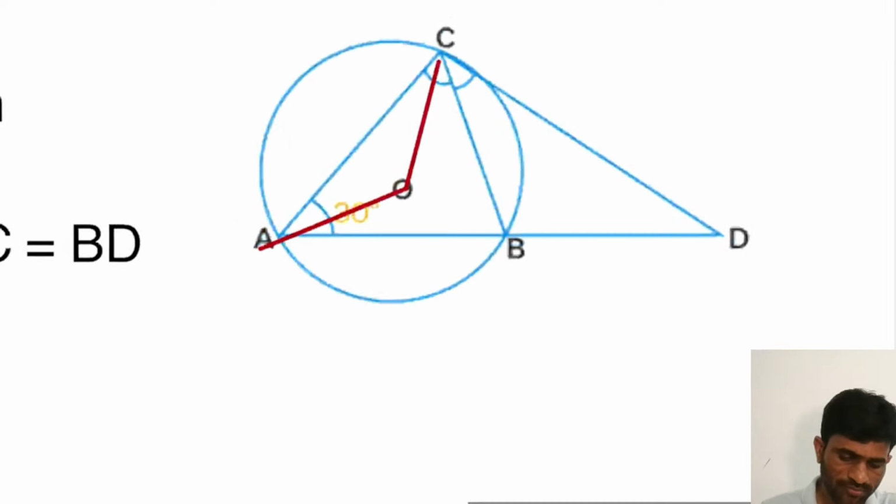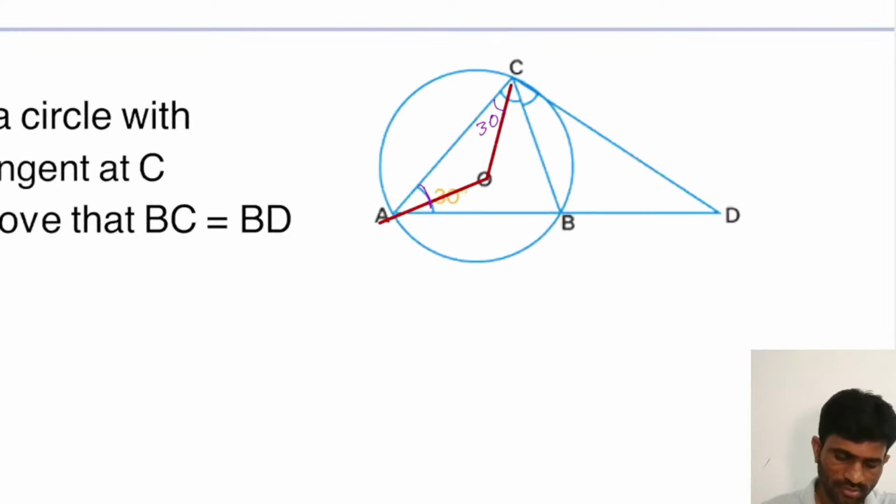Again I am telling you. If this is 30 degrees, this is also 30 degrees. We have to show BC is equal to BD. So they two are 30, 30. We got this as 120.